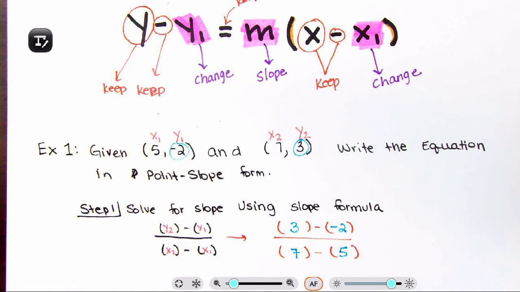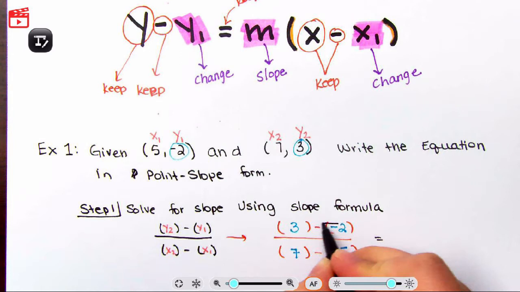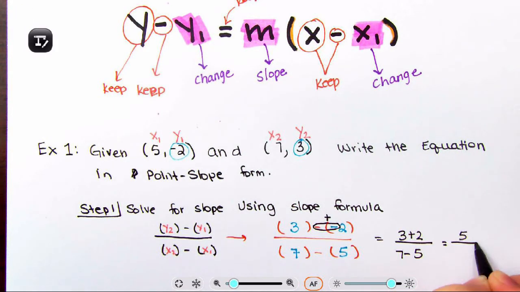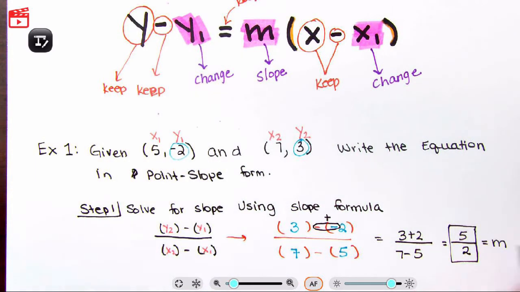We're going to evaluate that. We're going to solve. So I have 2 minuses that make up a plus because I can circle them. So I have 3 plus 2 over 7 minus 5. 3 plus 2, that's 5. 7 minus 5, let me back up. 5, 6, 7, that's 2. So my slope is 5 halves. This is my little m.